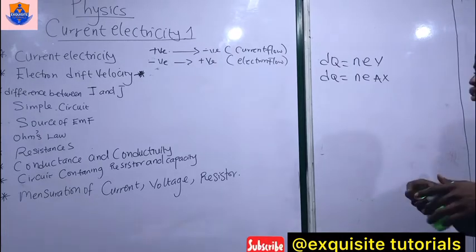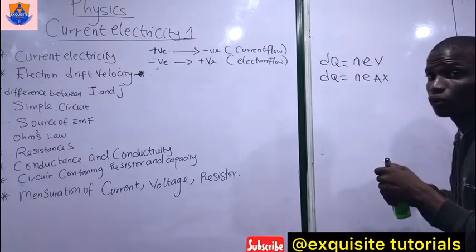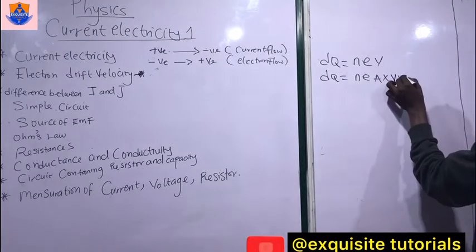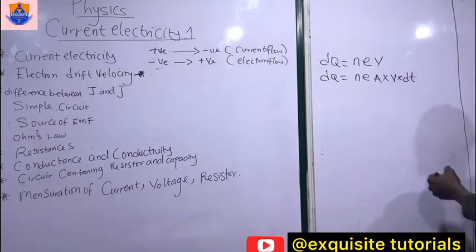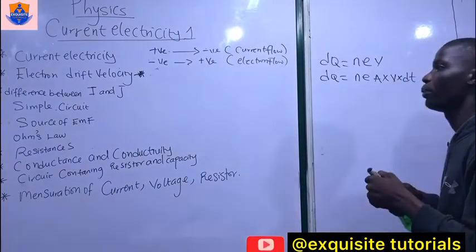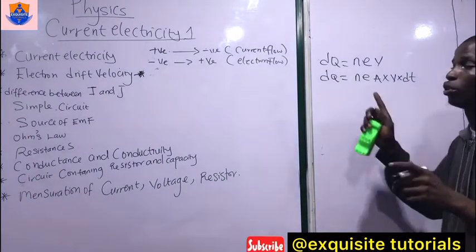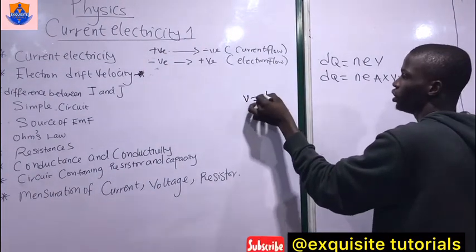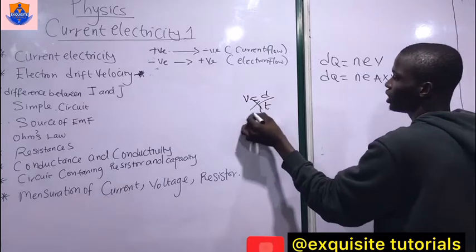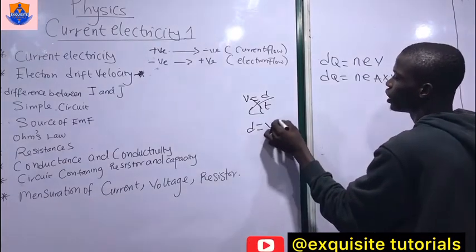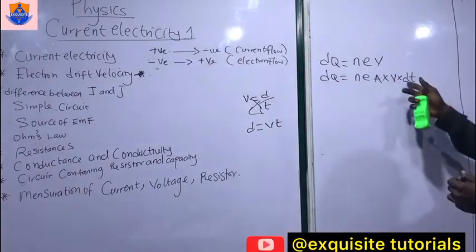Area times distance. That distance is equal to the velocity times time. If you remember from our normal linear motion, velocity is equal to distance over time, so the distance here is equal to velocity times time. That is how I got this aspect of it.